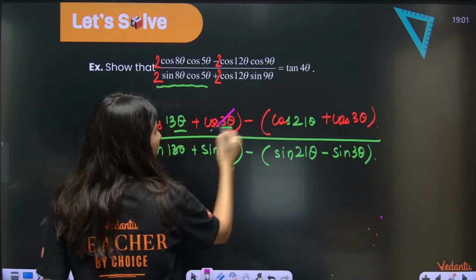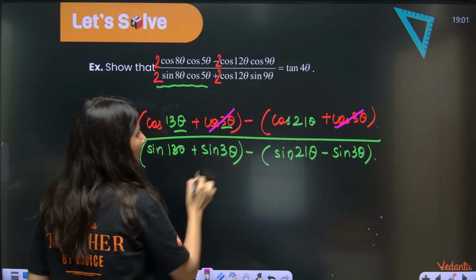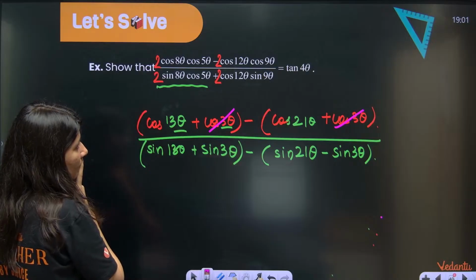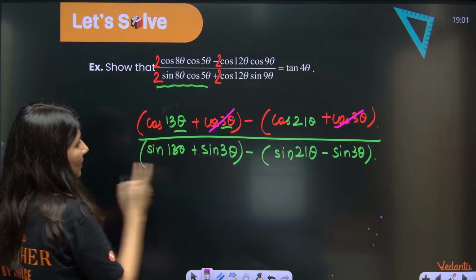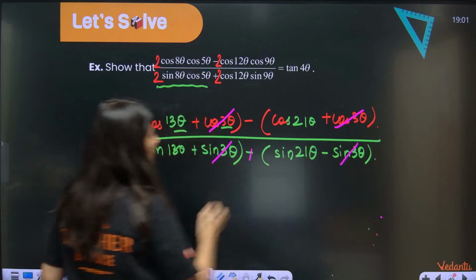So cos 3 theta cancel. Sine 3 theta. See, this is a positive sign over here. Yes. Now sine 3 theta cancel.